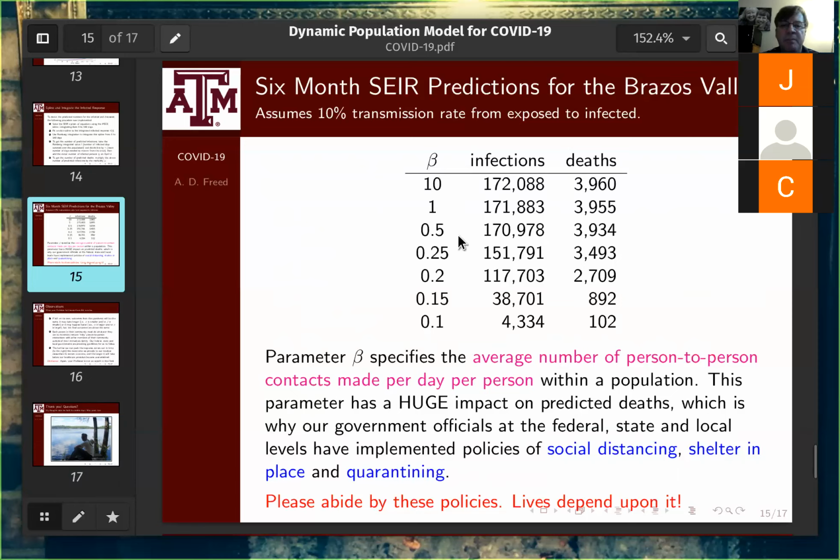So what you see up here is 10, 1, a half, really these don't have a lot of change. In other words, we saturated. If we are cavalier and don't do much, it's going to cost roughly about 4,000 people's lives in Brazos County.